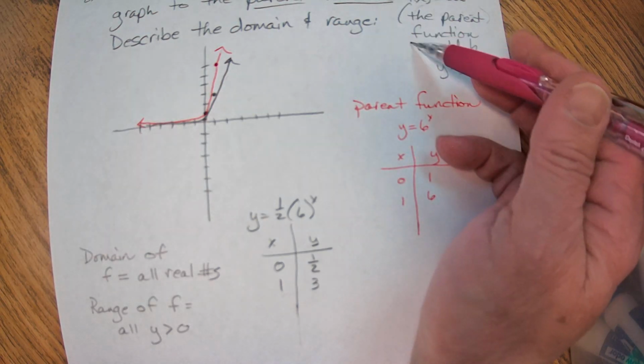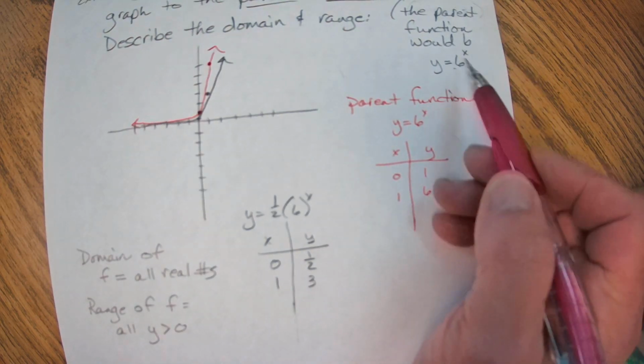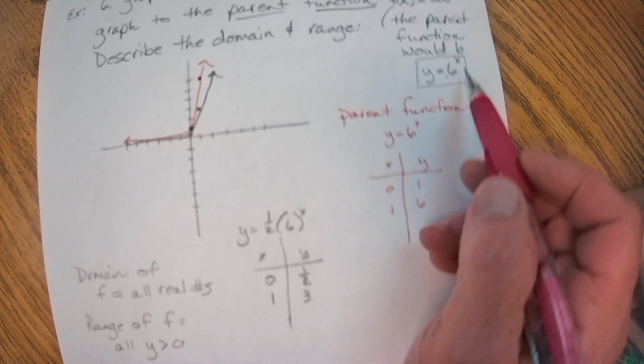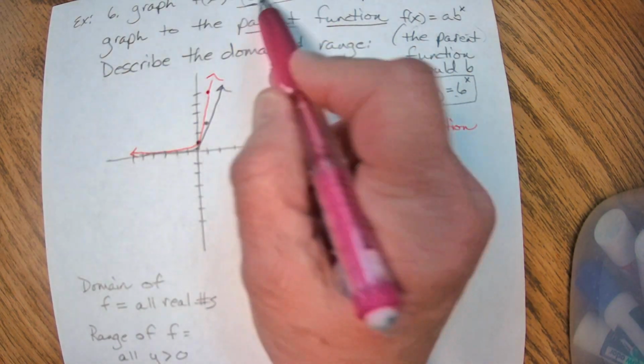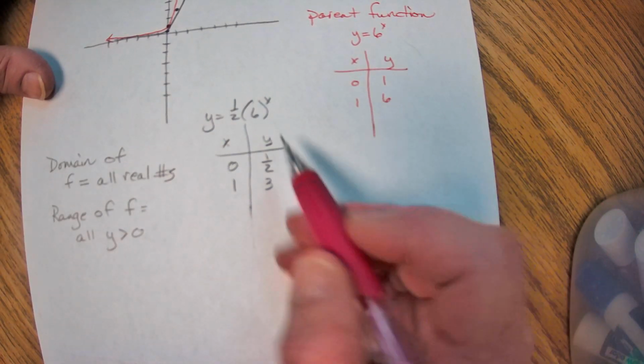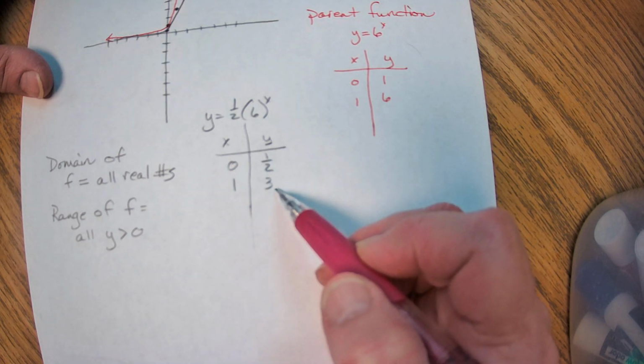We'll be doing some of these on the graphing calculator too, so that you guys can see the transformation, the difference between the parent function and this one, where a changes. But it's easy to do this by hand too. Just write down the formula, and remember we can set up a table of values.